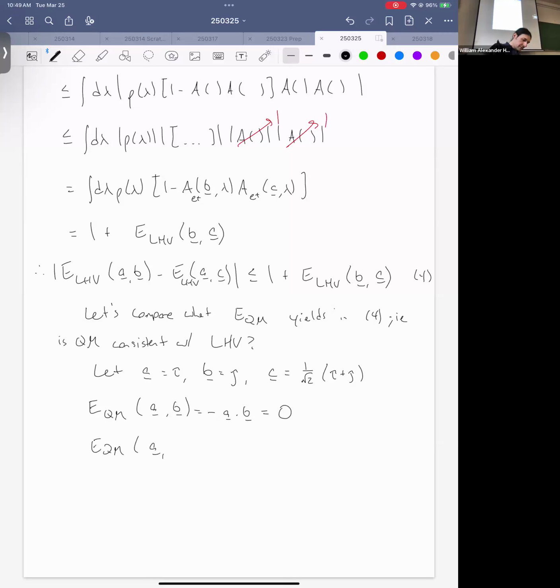A vector C vector, we get minus 1 over root 2, about 0.707. And B vector C vector, also minus 1 over root 2.